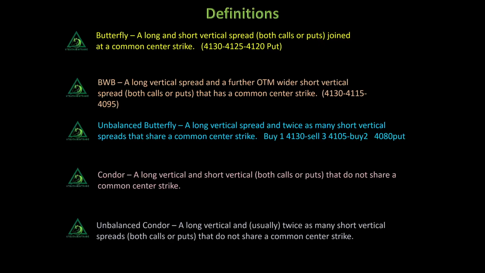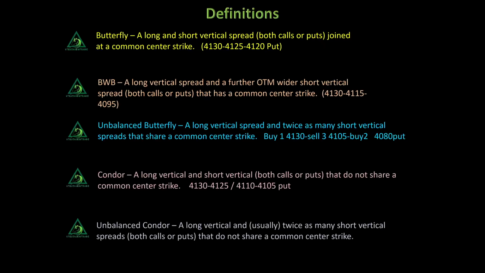And then for a condor, we'll just use a little baby remedial condor, $5 wide: 4130, 4125, 4110, 4105 put.